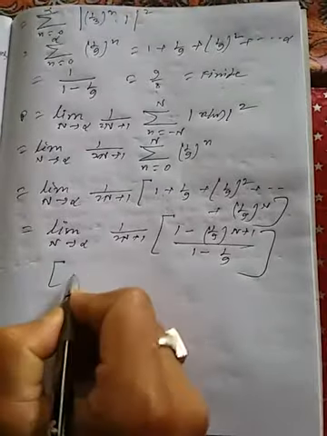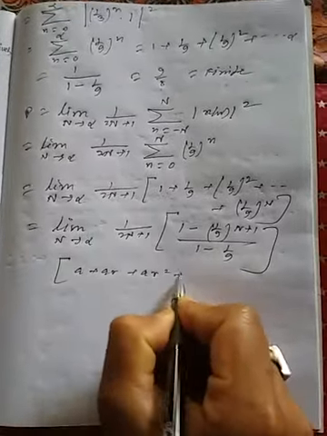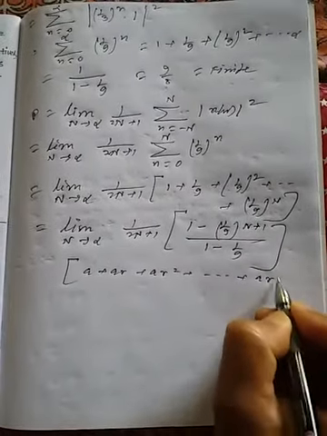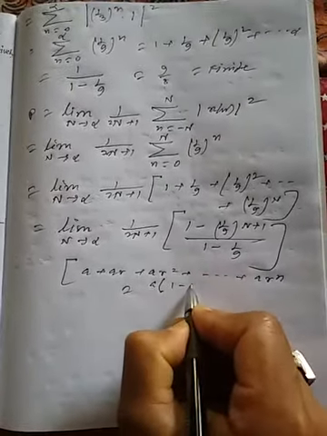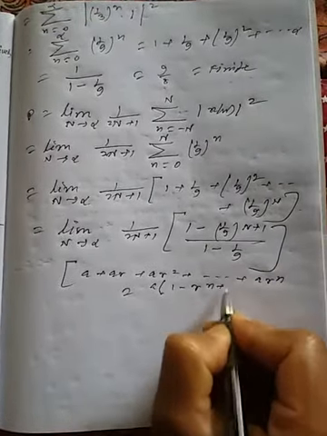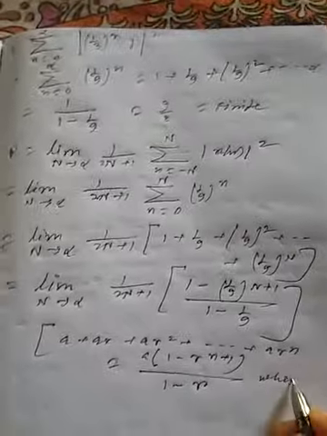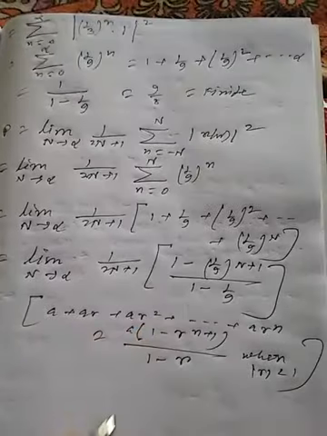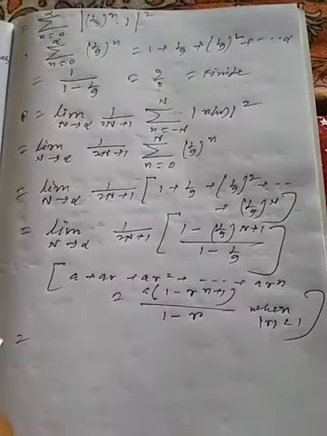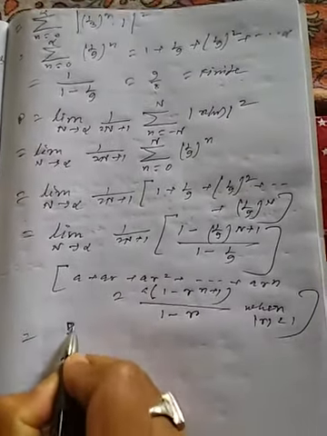Because we know a plus ar plus ar squared plus up to ar to the power N has the value a into (1 minus r^(N+1)) by (1 minus r). This is the formula when mod of r is less than 1. Here mod of r is less than 1, so this is the formula. Now it will be equal to 9/8.